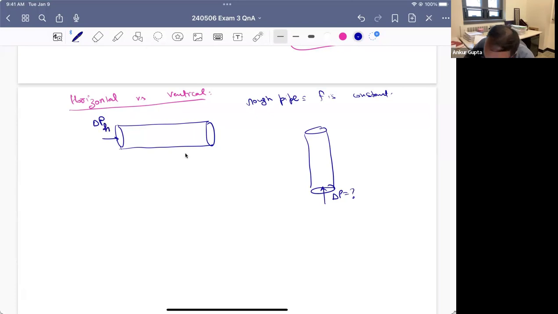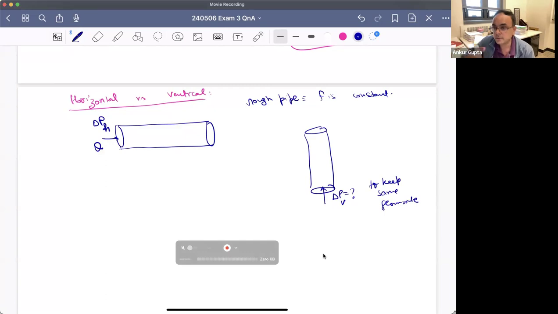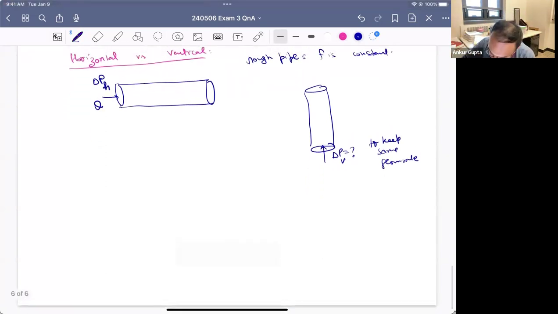Delta P_H and delta P_V. I've been asked, what should be the delta P_V here to keep the same flow rate? First, it should make sense that I need more pressure drop in the vertical pipe, right? Because I'm pushing something up. With length L and diameter D.